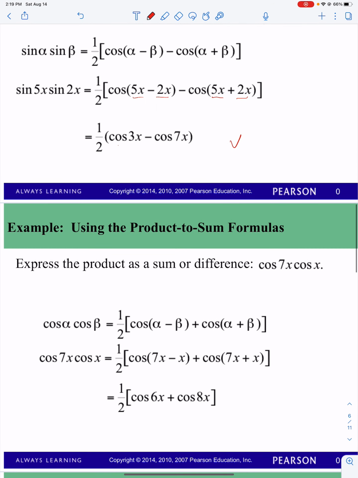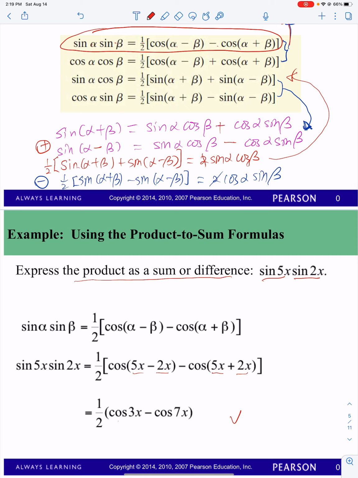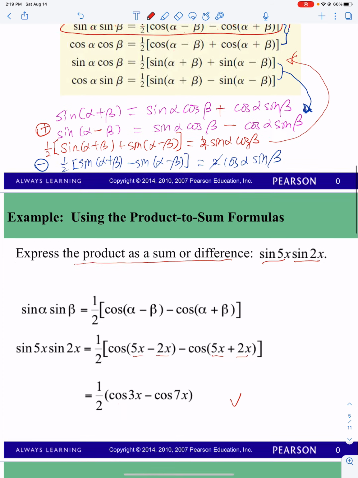So that's pretty easy once you know the formula. Now write the product as a sum: cosine times cosine. You also want cosine plus cosine. Another thing: do we ever have a sum of cosine plus sine? No. We only have cosine minus cosine and cosine plus cosine, so we do not have a formula with cosine plus sine.